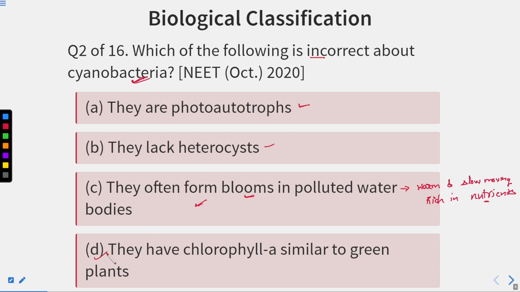Now let's talk about option D. They have chlorophyll A similar to green plants. This is also a correct option. Chlorophyll is the major photosynthetic pigment present in plants, and cyanobacteria also consist of this pigment. So what should be the answer?